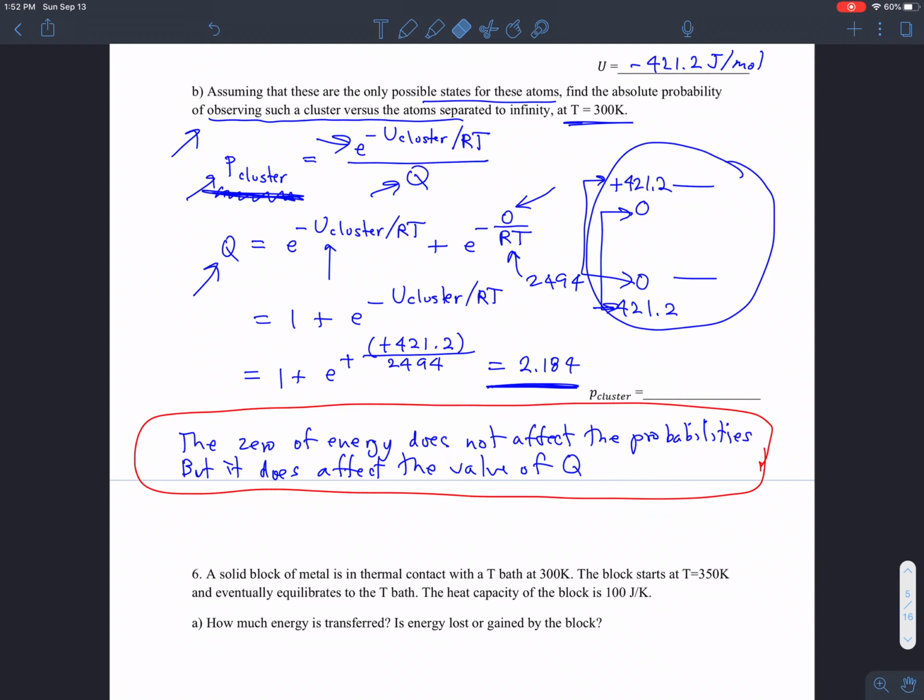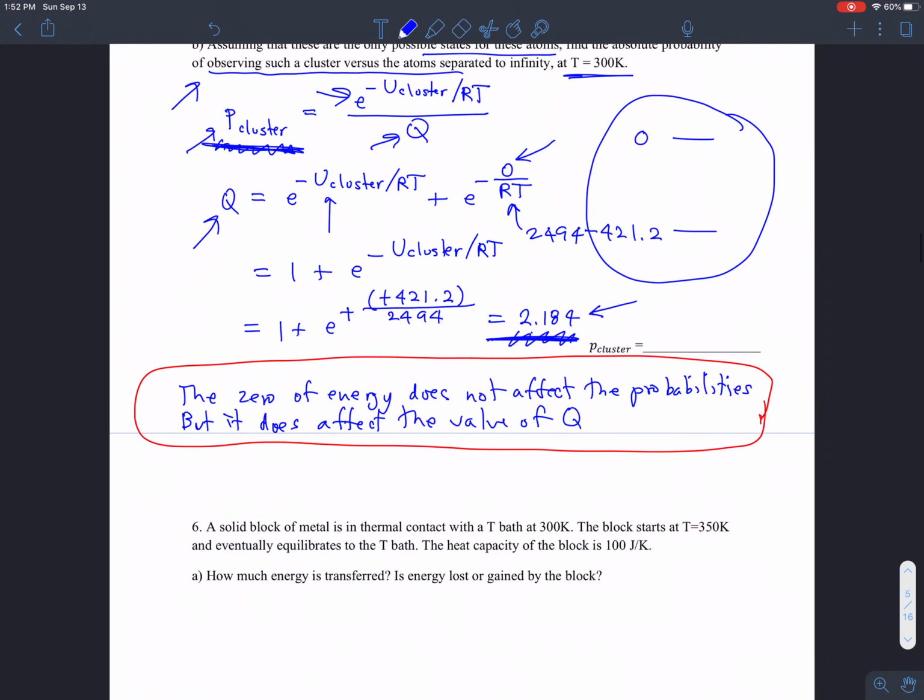So we get this 2.18 for the set of choices that we made, which was this one, not this one: the negative value down below and the zero up above. With that choice, we get this value of Q. We would have got a different value of Q if we'd made the other choice. So this is a perfectly correct answer for Q, but now we need to calculate P.